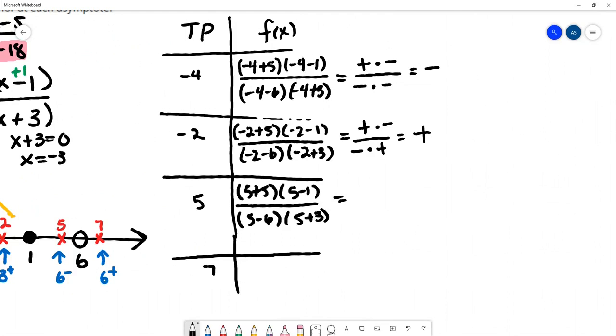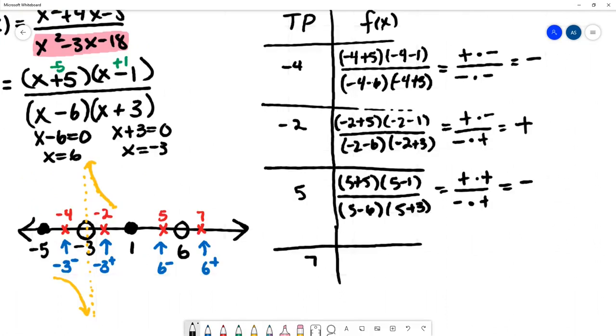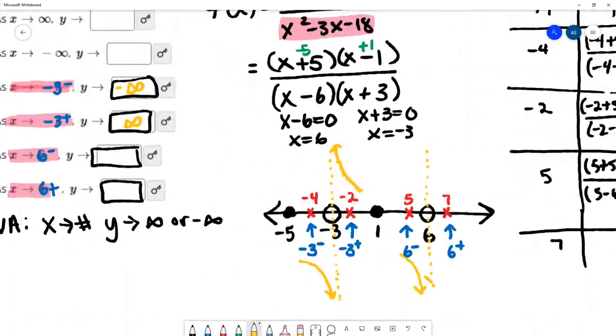So this gives a positive times a positive over a negative times a positive, and that's going to give us a negative. So this time we're looking at the asymptote at x equals 6, and when we chose our test point of 5, it was negative. So this left side of the asymptote is going to negative infinity. So we're going to go to negative infinity here.